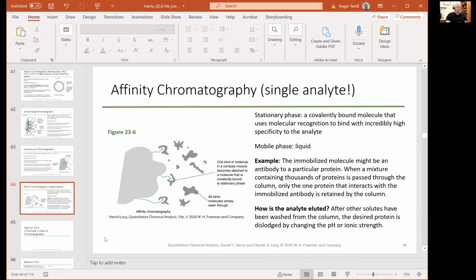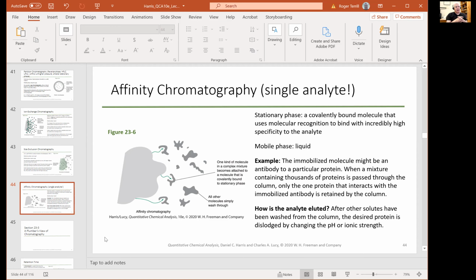One of our favorite affinity types is basically a related assay. It's called ELISA. ELISA is used for pregnancy tests and PSA tests and other tests for identifiable antigens, for example, in the human body.